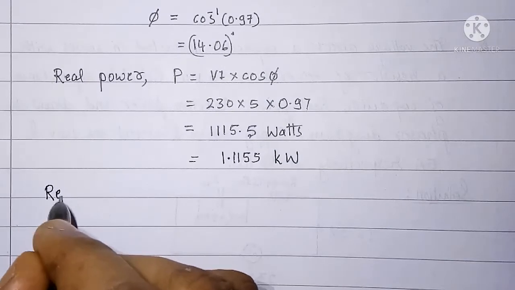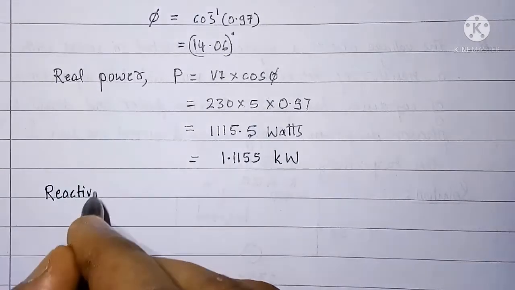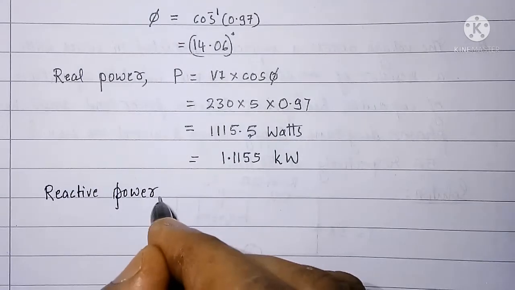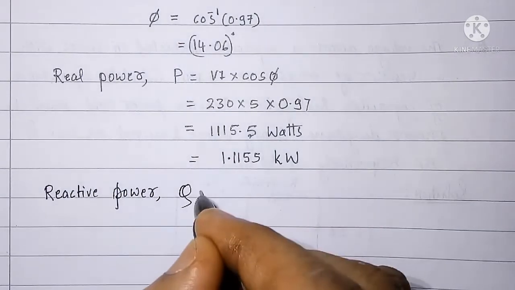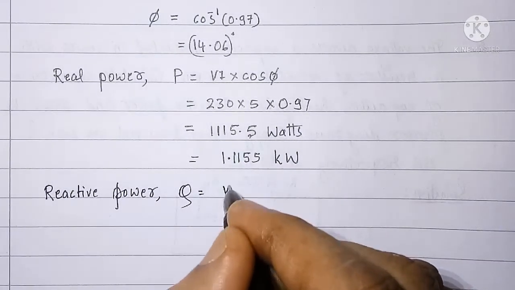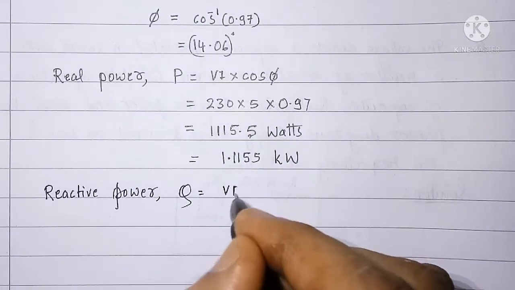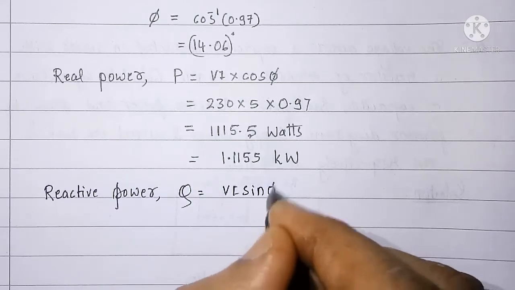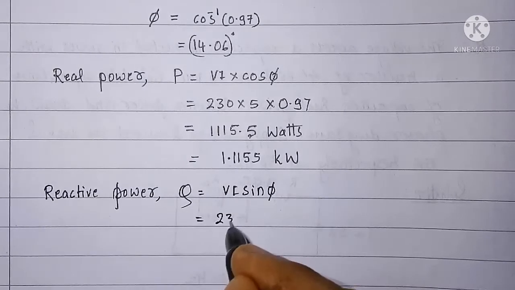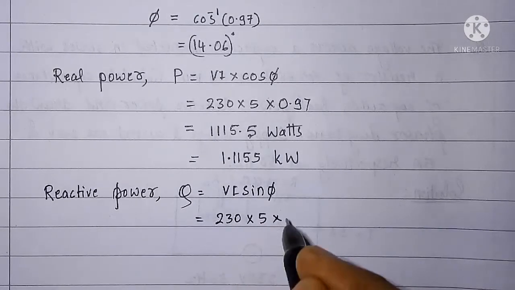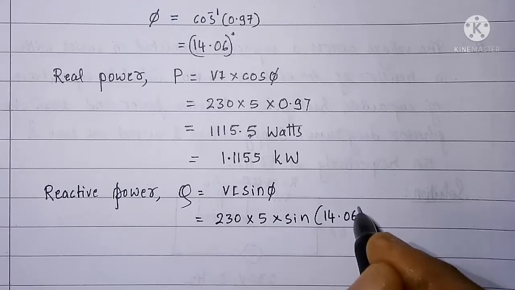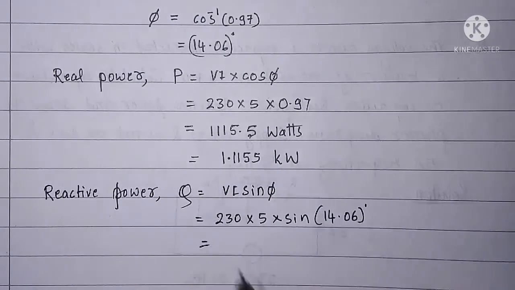Next we will calculate reactive power. Reactive power Q is equal to V into I into sin phi, that is 230 into 5 into sine of 14.06 degrees.